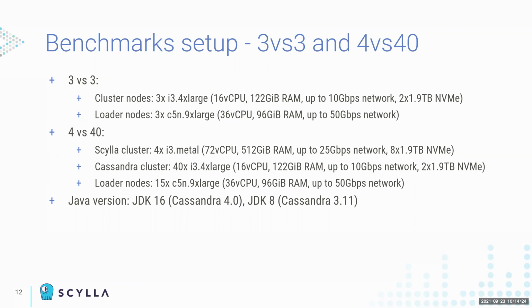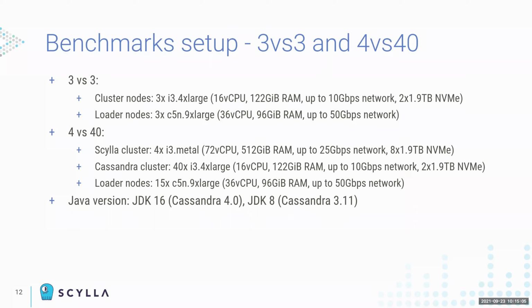Okay, this slide. So all the benchmarks were run on AWS in the US East 2 availability zone. For the 3 versus 3 benchmark, so the benchmark where Scylla runs on 3 nodes and Cassandra also runs on 3 nodes, we used a total of 6 nodes. 3 were for the cluster, and those were i3.4xlarge, each having 16 vCPUs, 122 gigabytes of RAM, and a 10 gigabit network.